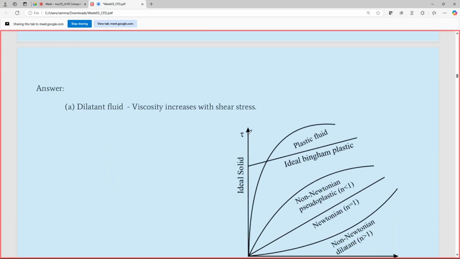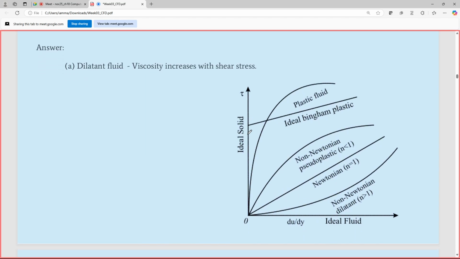So the answer is option A, dilatant fluid, where viscosity will increase with shear stress. Here a graph is shown for shear stress against strain rate.